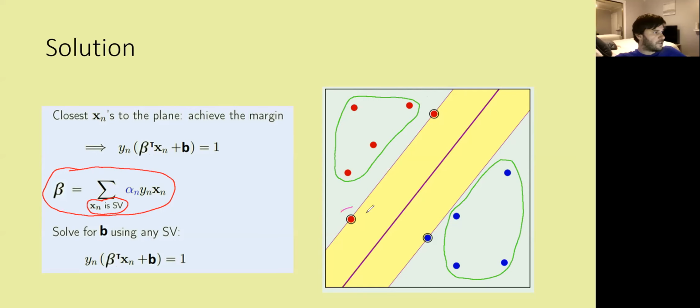This observation defines the boundary, this observation defines the boundary, this observation defines the boundary. Those observations that I just circled in magenta, they are what we call support vectors. Those are observations or vectors in our input space that define the boundary of the optimal hyperplane that is maximizing the margin here.